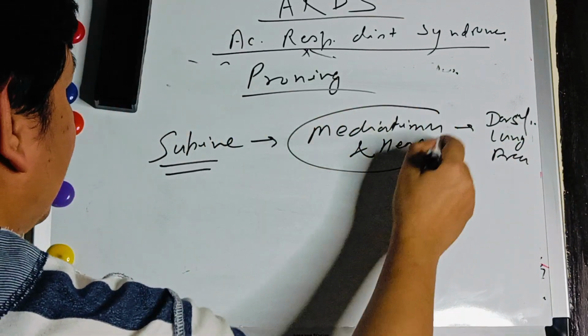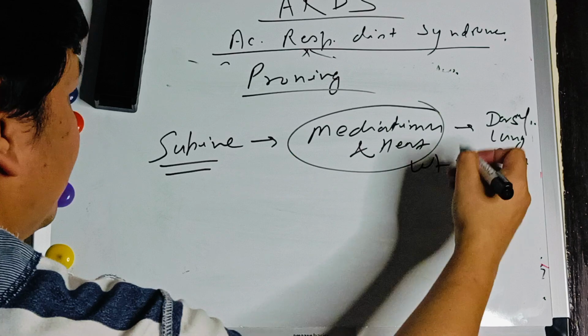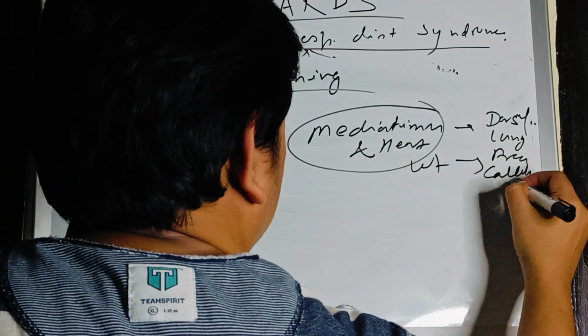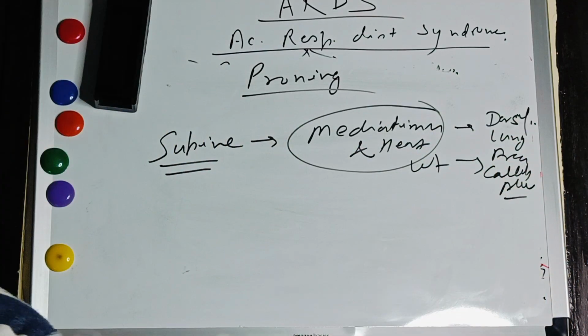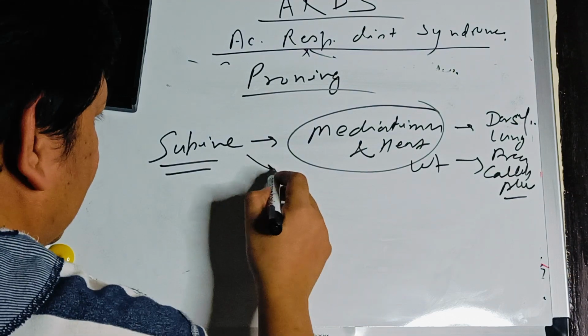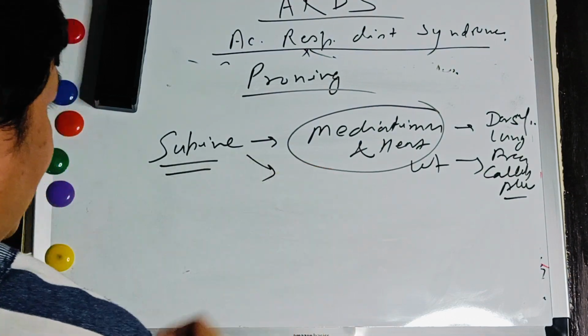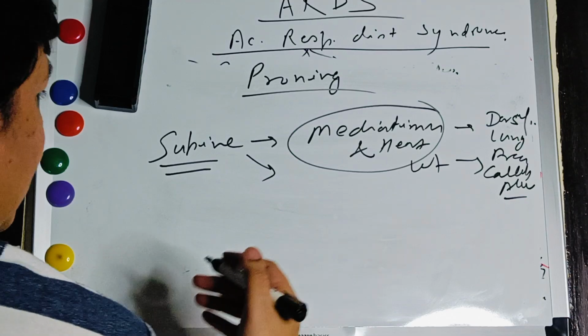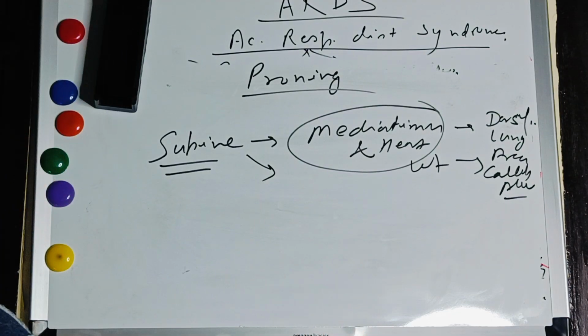So it is a kind of weight, and there is collapse of alveoli because of the mediastinum and the heart in the supine position, as well as hyaline membrane formation and non-cardiogenic pulmonary edema.